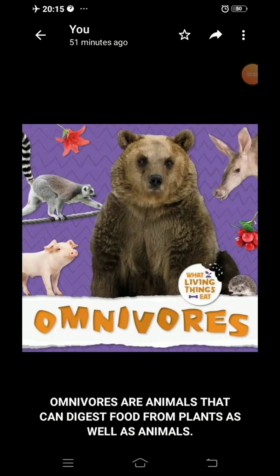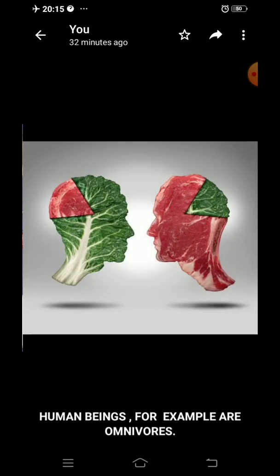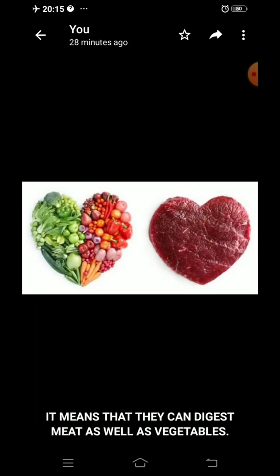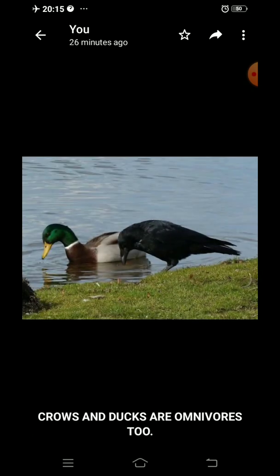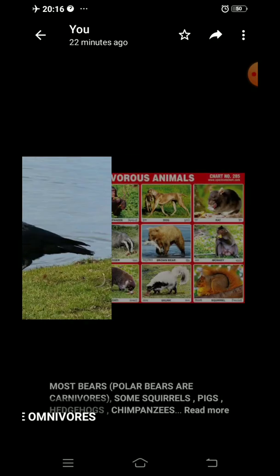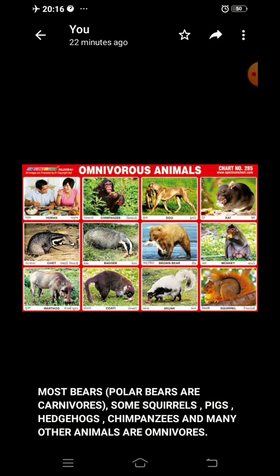Omnivores are animals that can digest food from plants as well as animals. Human beings, for example, are omnivores. It means that they can digest meat as well as vegetables. Crows and ducks are omnivores too. Polar bears are carnivores.